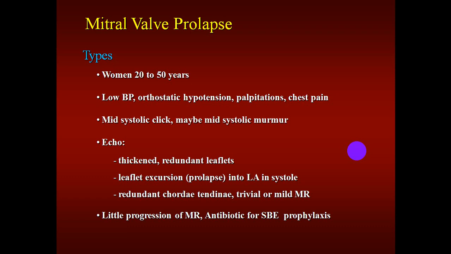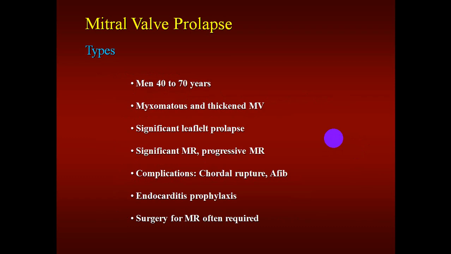Trivial or mild mitral regurgitation, as we said, is the commonest cause, with little progression in a woman. Antibiotic prophylaxis for subacute bacterial endocarditis was previously given, but now only if indicated, such as a history of infective endocarditis or interventions with mitral valve prolapse.